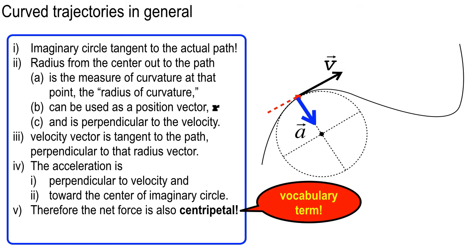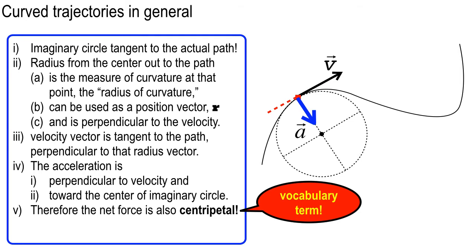Centrifugal is related to center, centri, but fugal, fugitive. What do fugitives do? They flee. So centrifugal means away from the center. And our acceleration, no way, Jose. Our acceleration, our net force, are not away from the center.